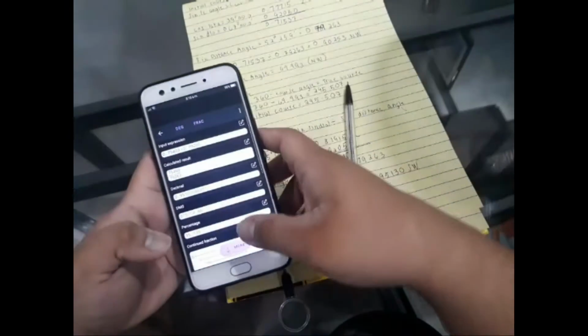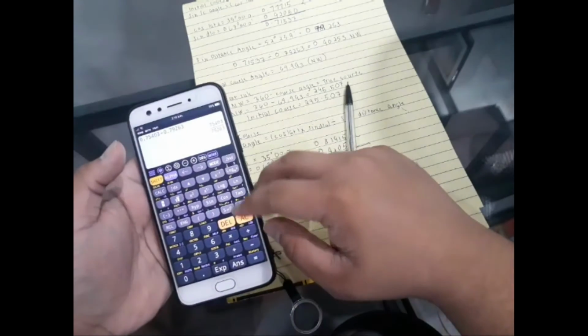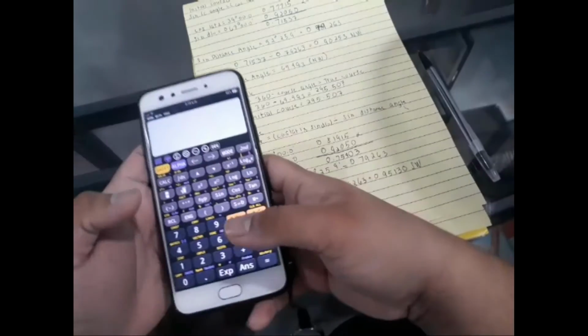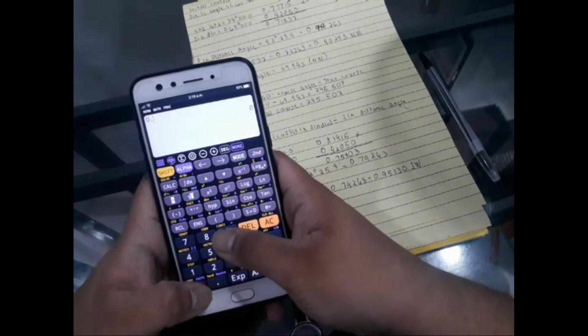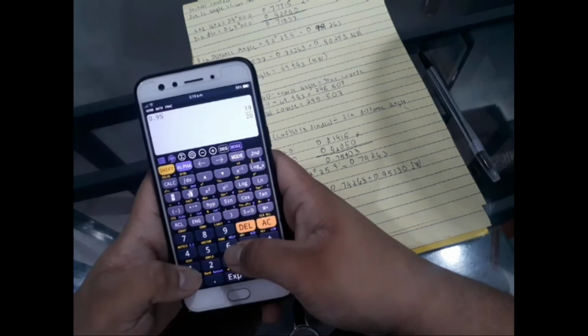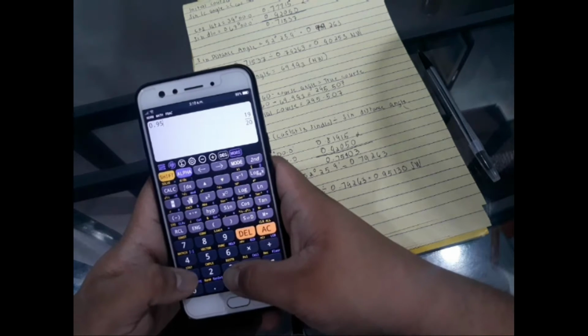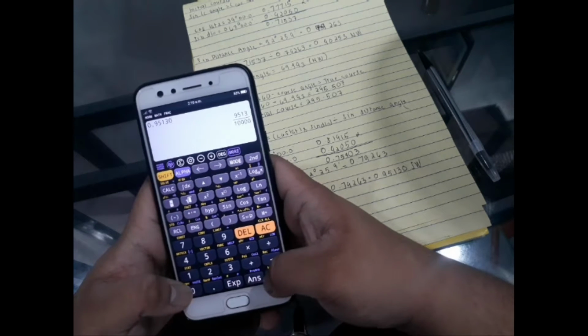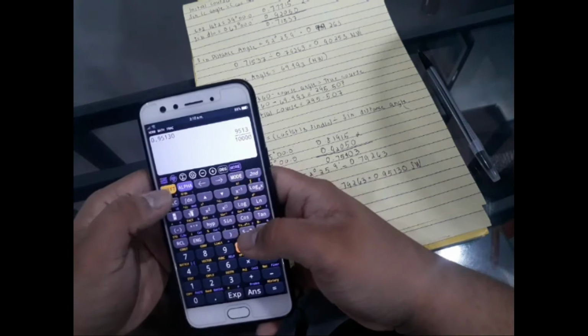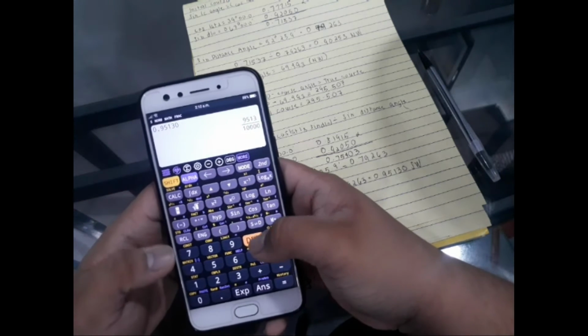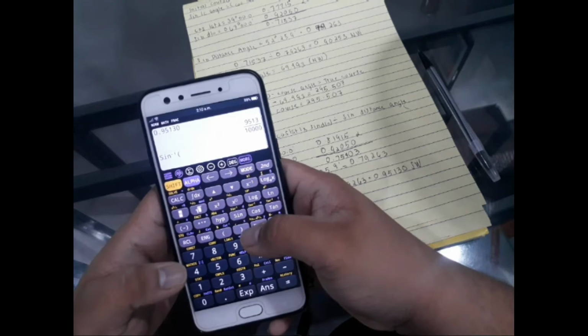So that's not all. So we're gonna go shift and use sin again.